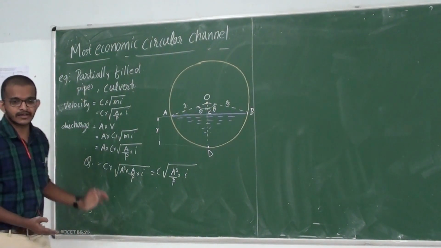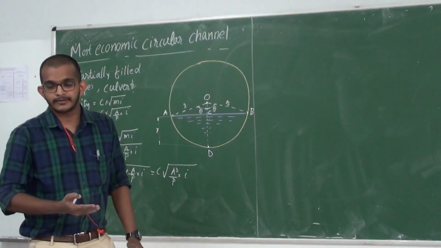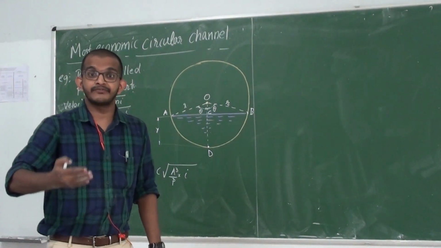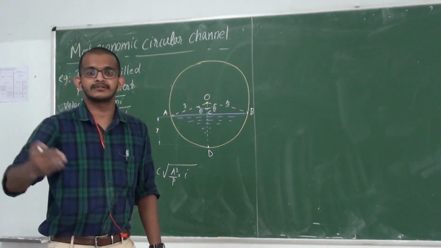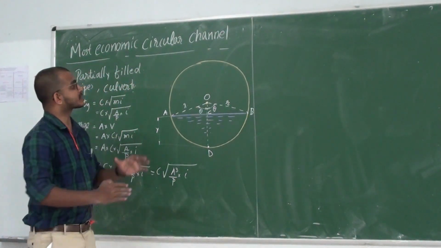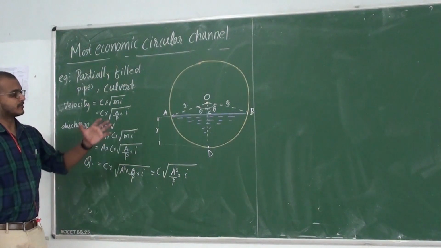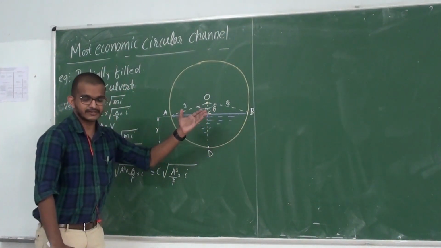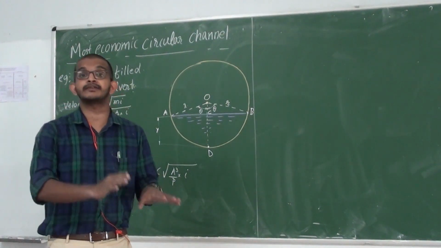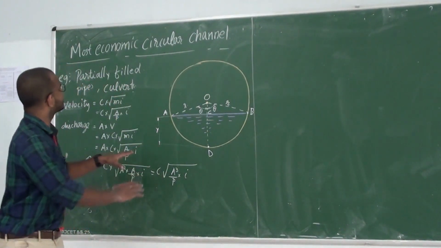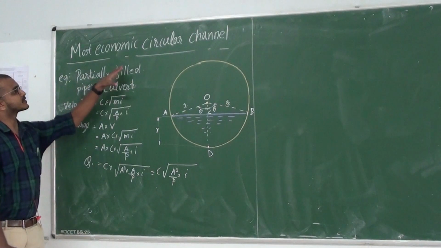In a trapezoidal channel, we can vary the perimeter while maintaining the area constant, but in a circular channel, when the perimeter changes, the area also changes. So the condition of area being constant cannot be applied here. That is the difference in the case of a circular channel.